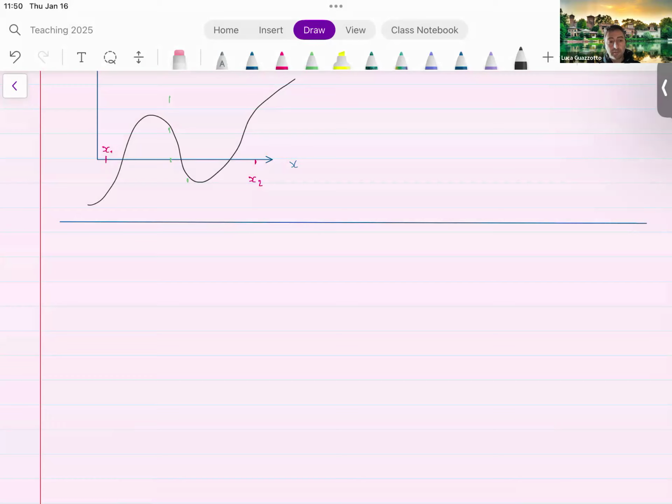So say we have x1. I hate this. I don't want a dot there, and there is no way to turn them off. It's just so annoying. Sorry. Okay.